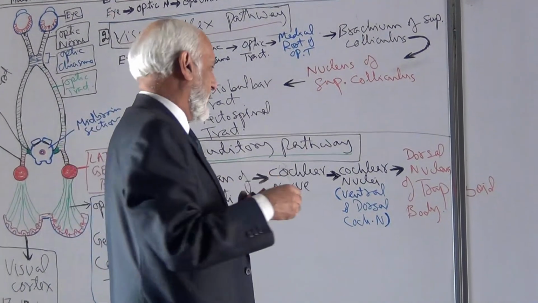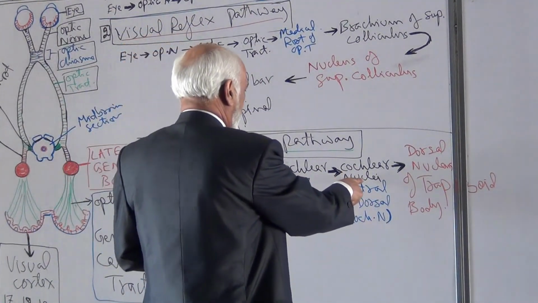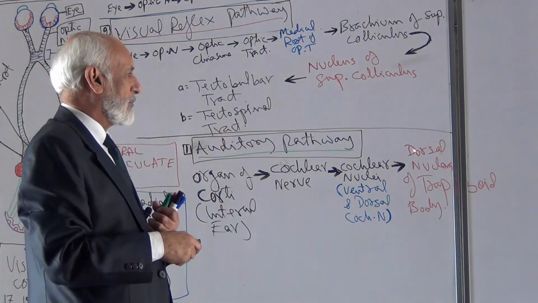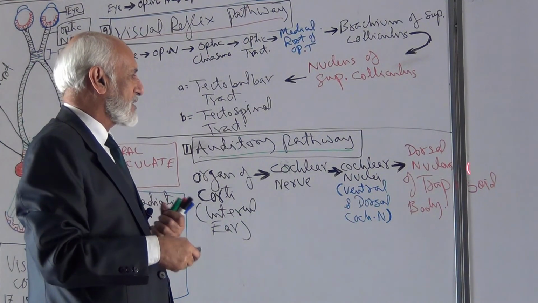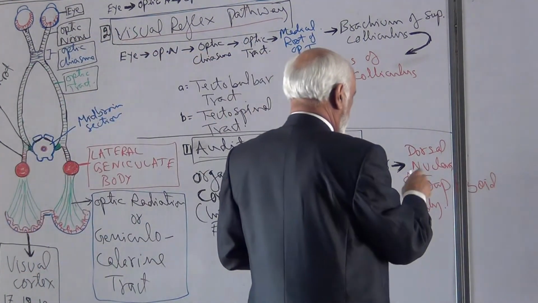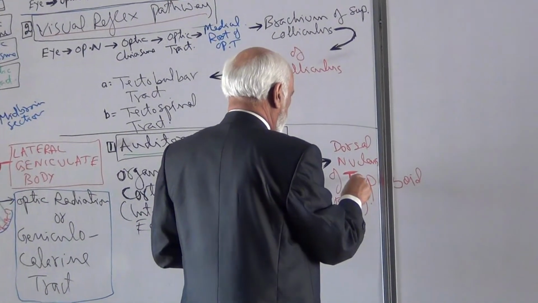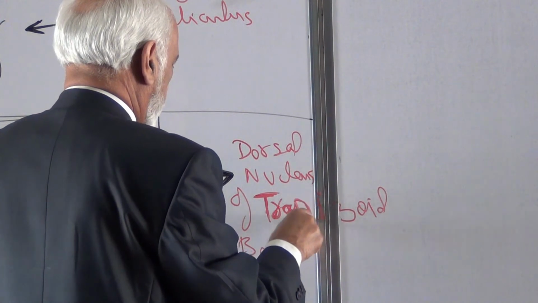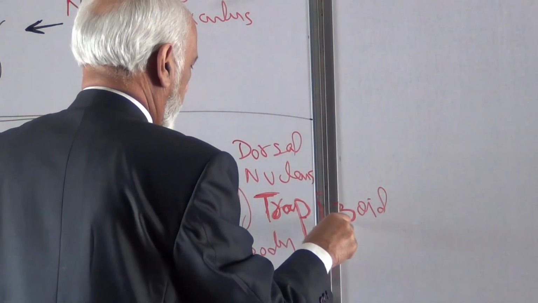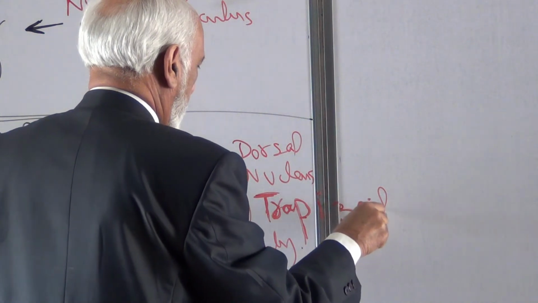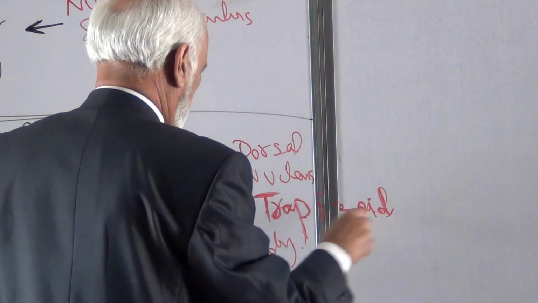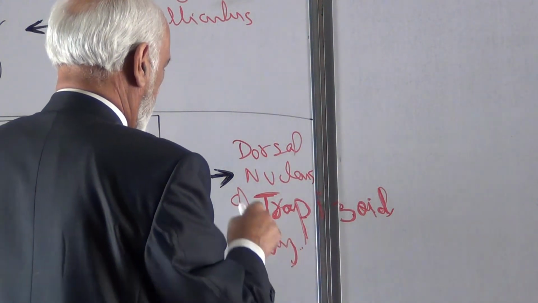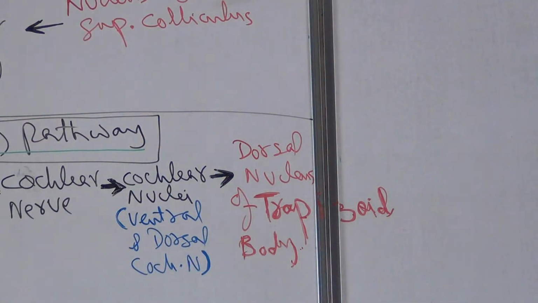So the fibers arising from the cochlear nuclei enter the pons, where in the lower part of the pons there is a structure called trapezoid body, and these fibers relay in the trapezoid bodies of both sides.